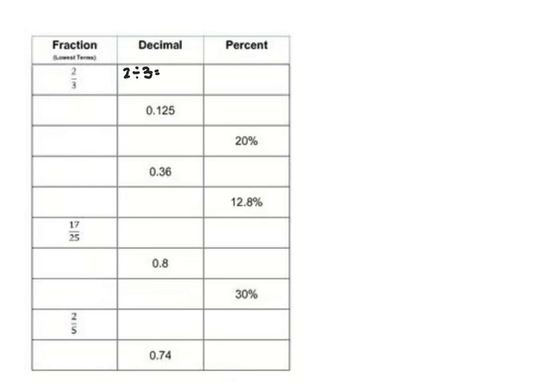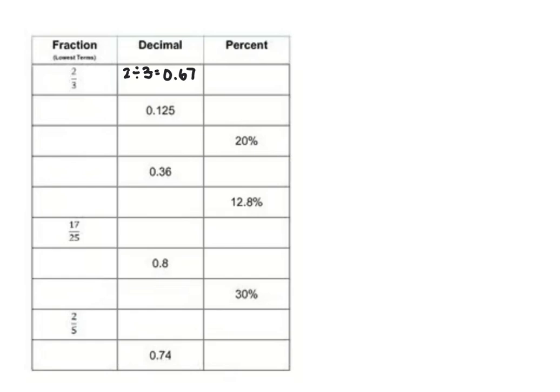And I got 0.666666, and at the very end they usually put a 7 because they are rounding up. We only want to take our decimal point out 2 spots, so we would have 0.6, and then that 6 would round the next 6 up to a 7. So then you have your decimal.